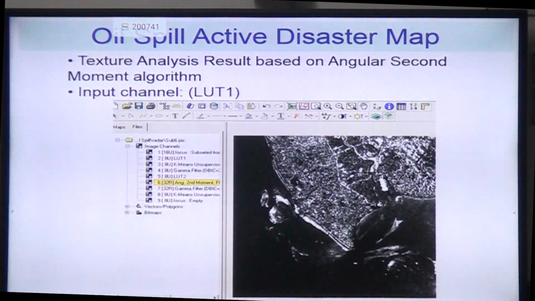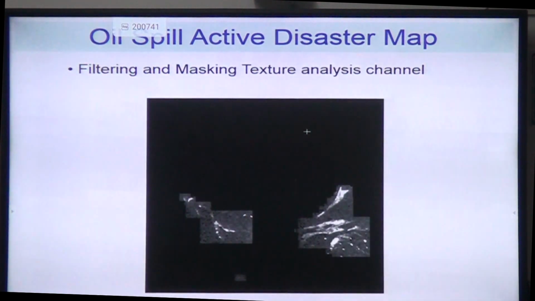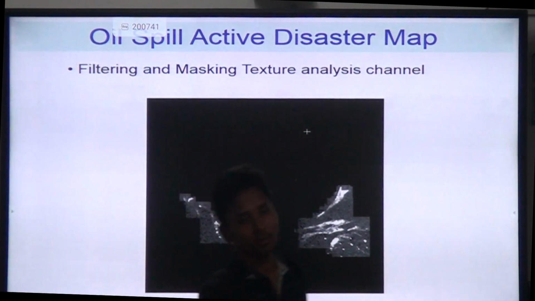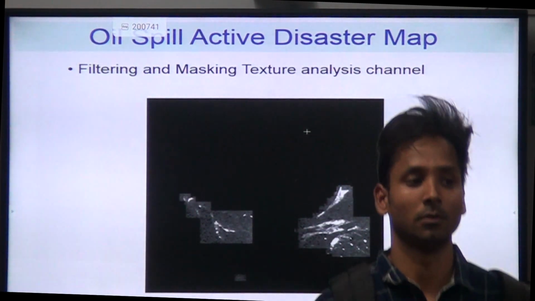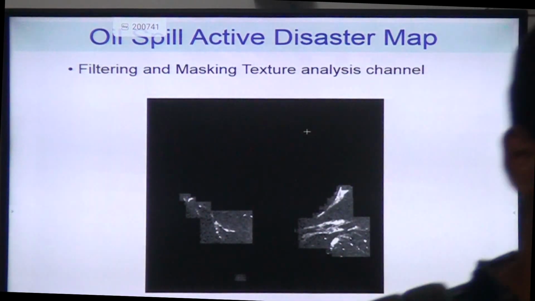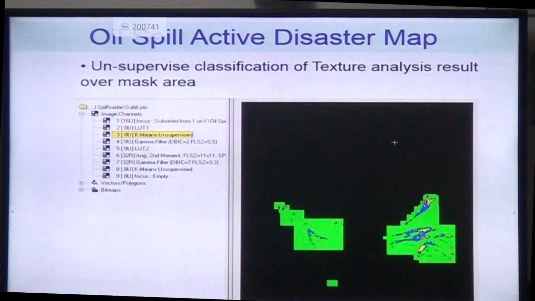Then we did the texture analysis based on the angular second moment. Then we did the filtering, because we masked out everything else. We only focus on our suspected oil spill target area. You can see that we masked out everything else, which appears dark. We just get this part. Then we apply the unsupervised classification.